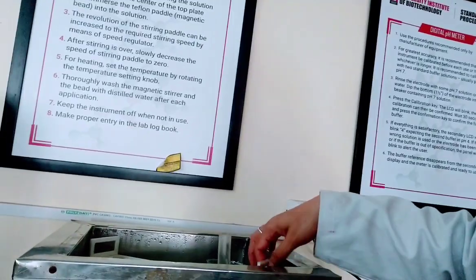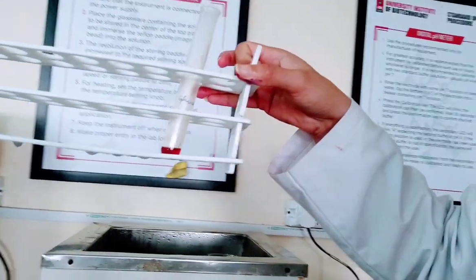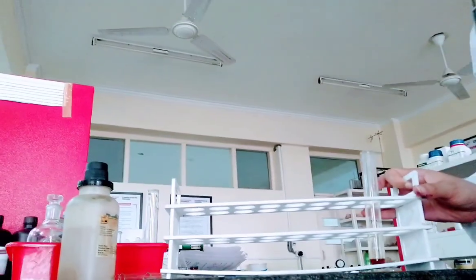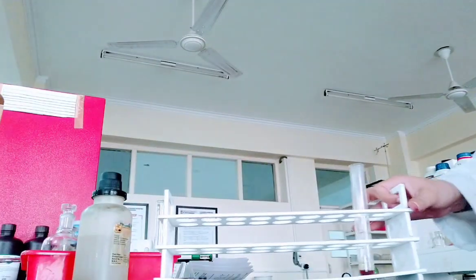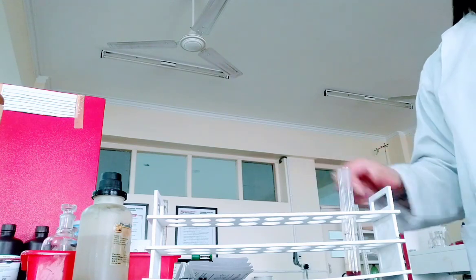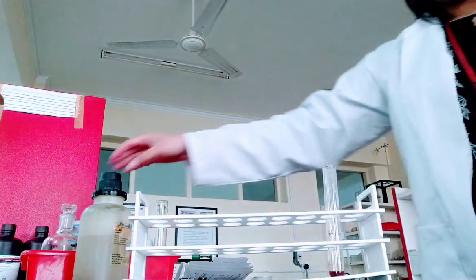So 1 minute is over. You can see now after 1 minute our test tube looks like this. Now I am taking it out, and after taking it out we have to cool it for some time. After giving it some time for cooling, we have to add our next reagent, that is NaOH.